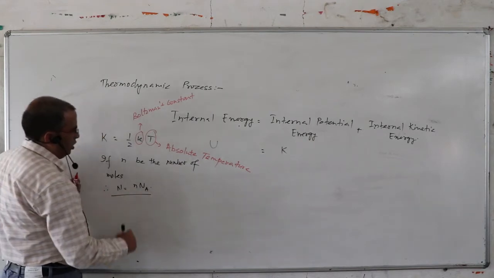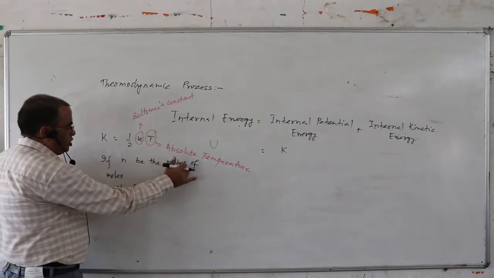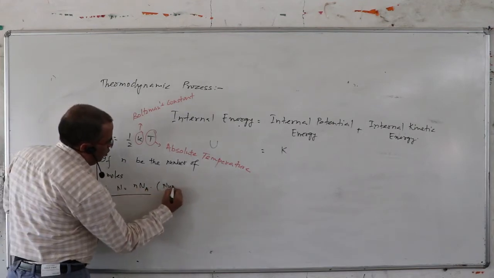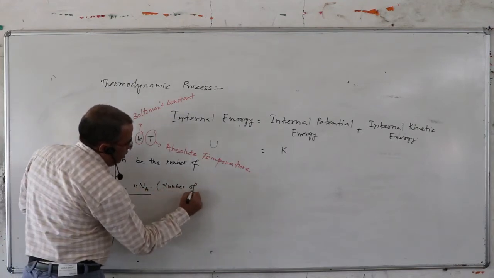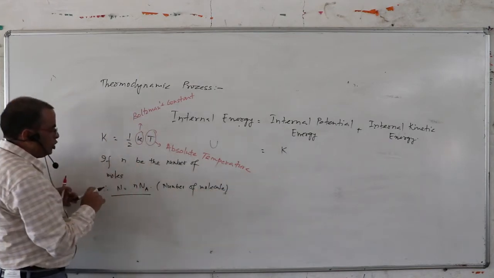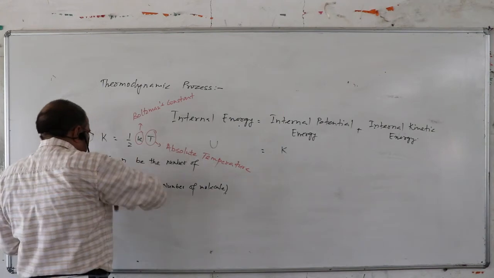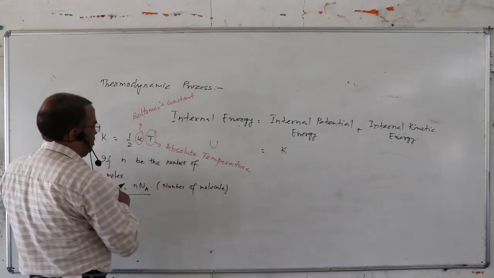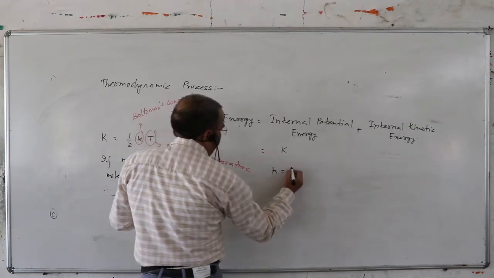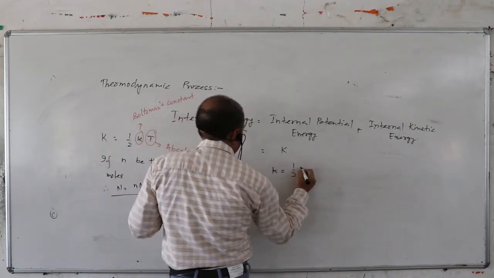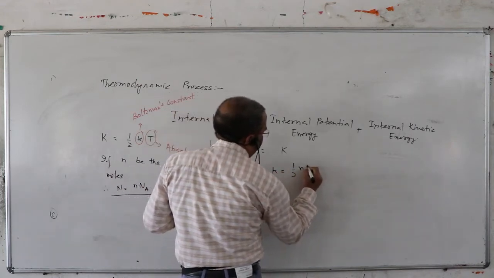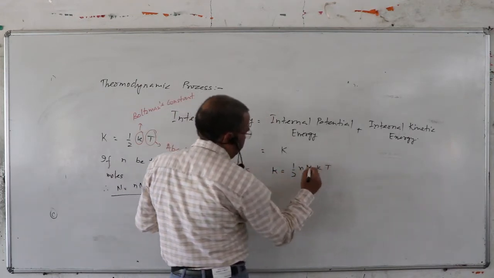This is the number of molecules present in n moles of the gas. So for the total gas of n moles, we can write this expression as K equals 1 by 2, n into Na into k into T.